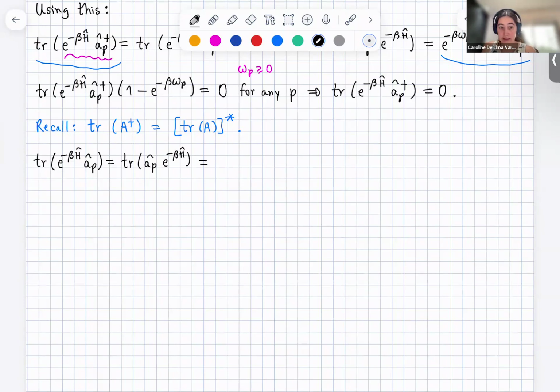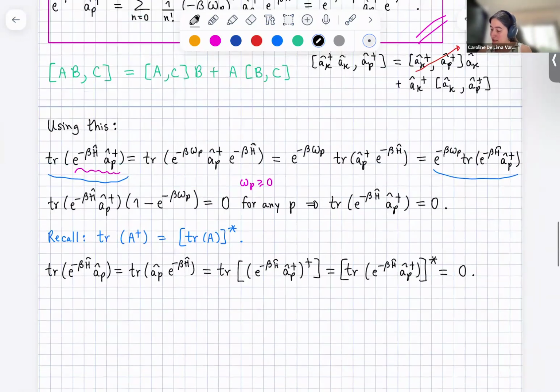And now I can write this as the trace of e to the minus beta h a_p dagger, and everything dagger, which is going to be, as I said before, the trace of e to the minus beta h a_p dagger, but then taking the complex conjugate of this number, which was 0. So this is going to be 0 as well.